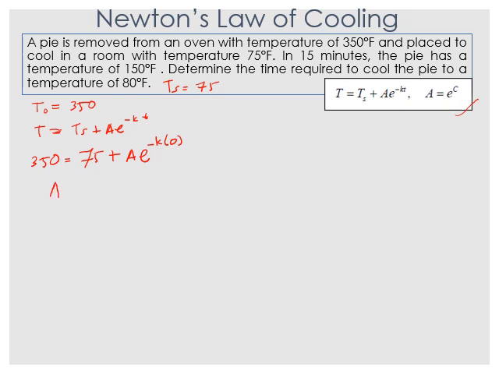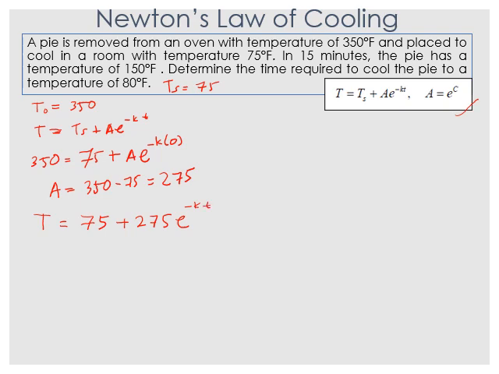A exponent power 0 is 1. So A equals 350 minus 75, which is 275. So the equation now becomes T equals 75, we know the Ts is fixed, plus 275 exponent negative Kt.